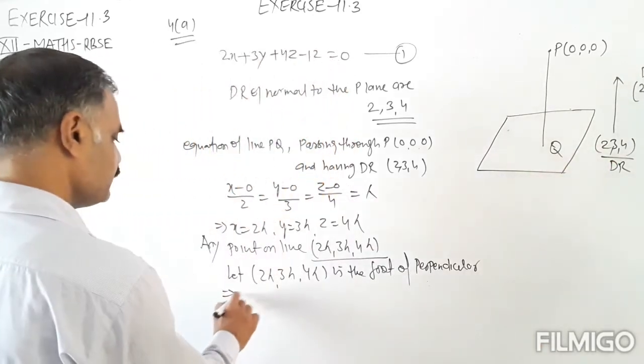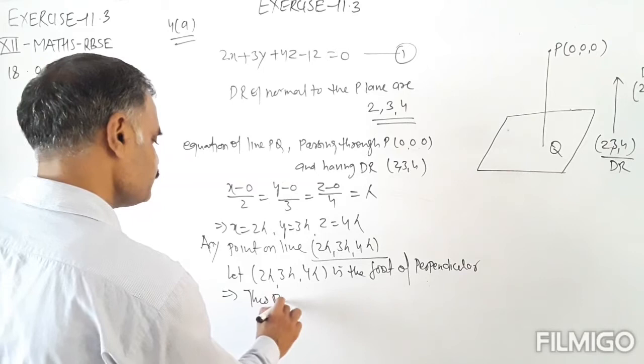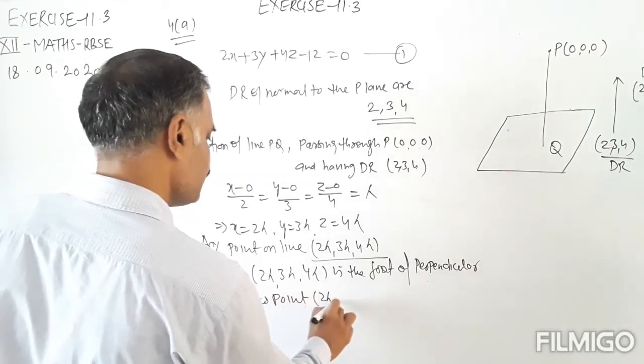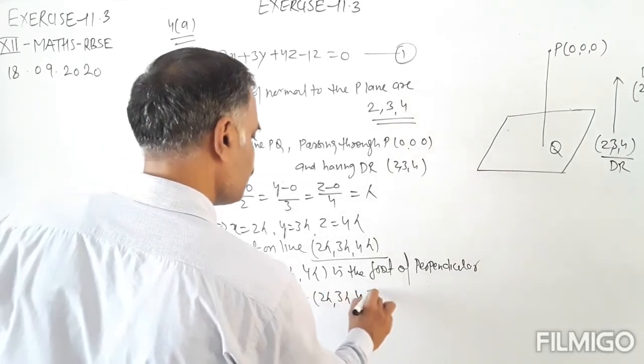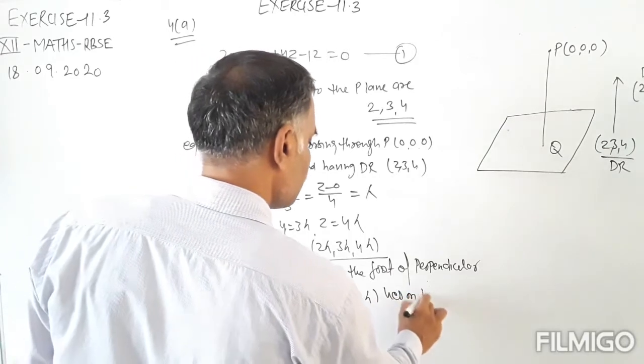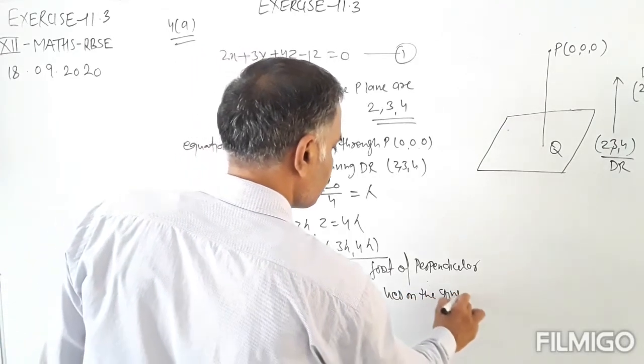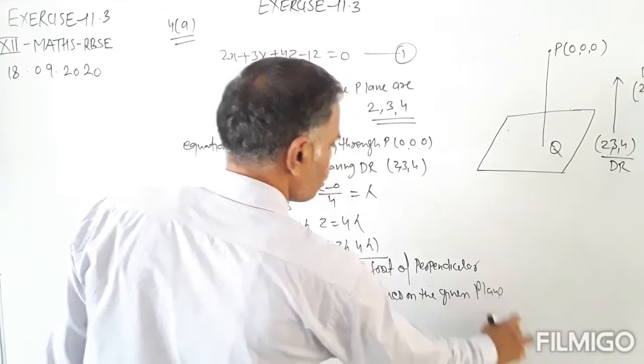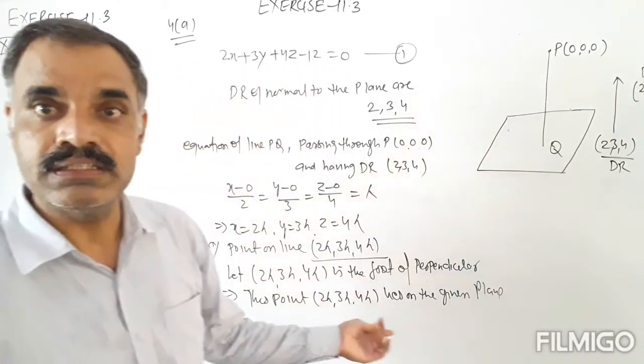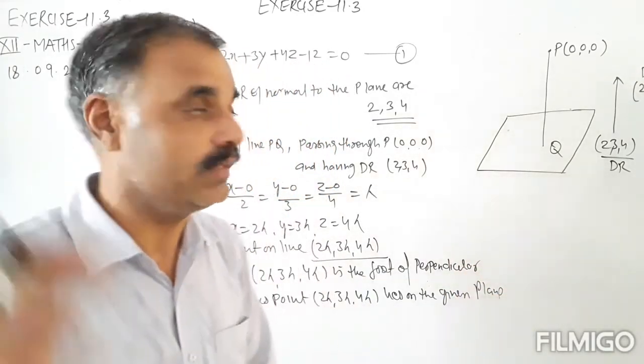This implies that the point 2 lambda, 3 lambda, 4 lambda lies on the given plane. So after putting this in the given plane, we will find the value of lambda.